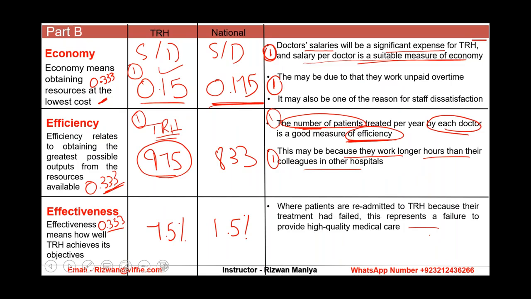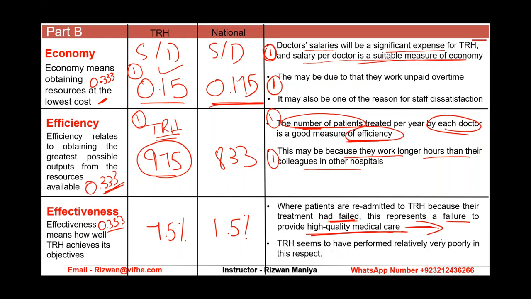This indicator is a good one, where patients are readmitted because their treatment had failed. This represents a failure to provide the high quality medical care mentioned in the objective. So this is a good indicator and the business is not doing well here. The performance is relatively poor in this respect.